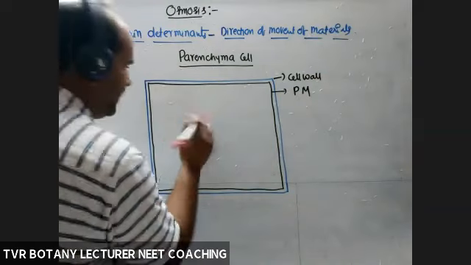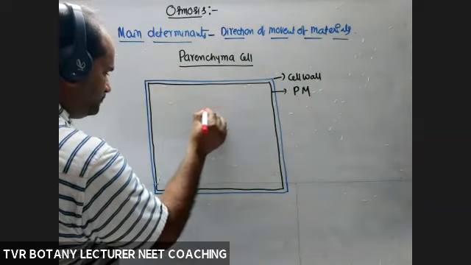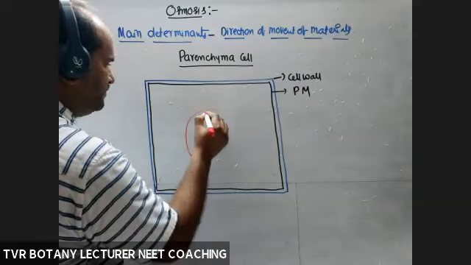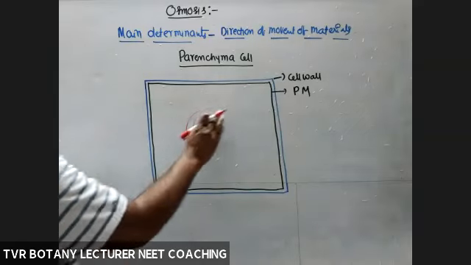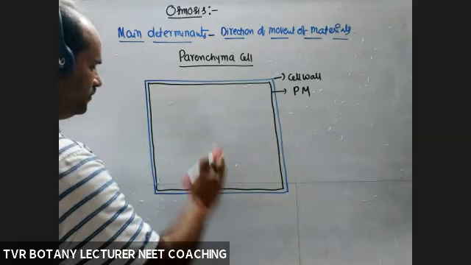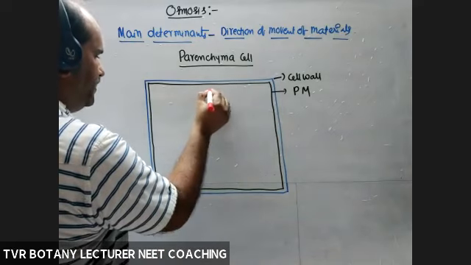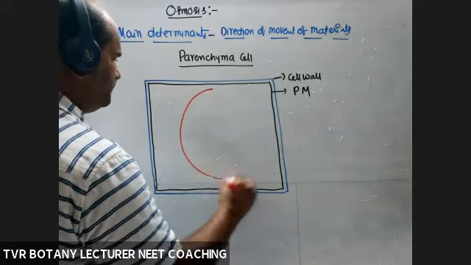At the center of this cell, definitely a vacuole. 90% of the volume of the cell is occupied by the sap vacuole. If you go back to cell biology, you'll get it. Sap vacuole, centrally located one.